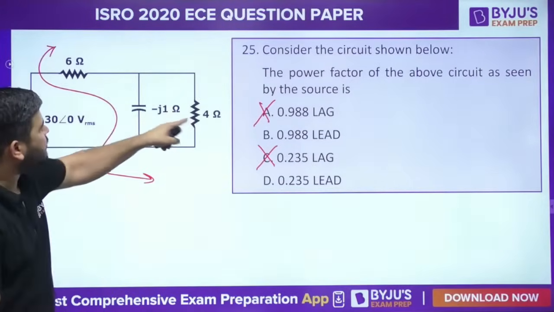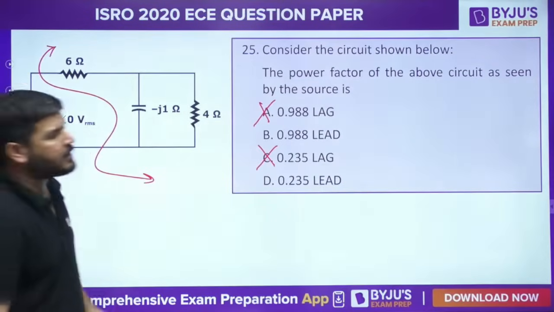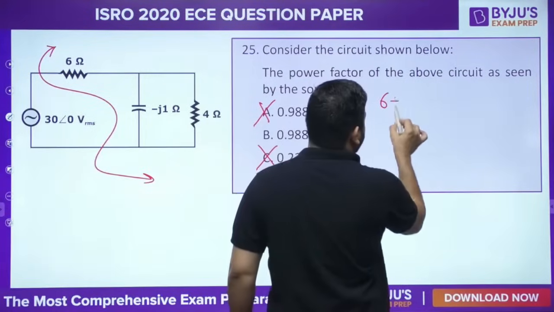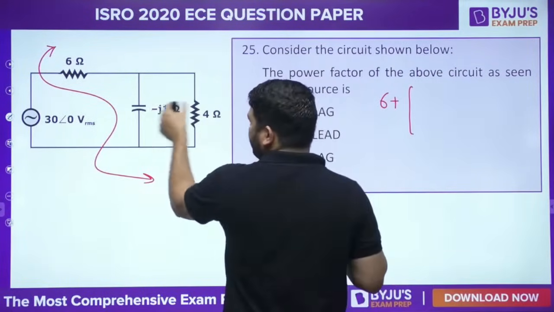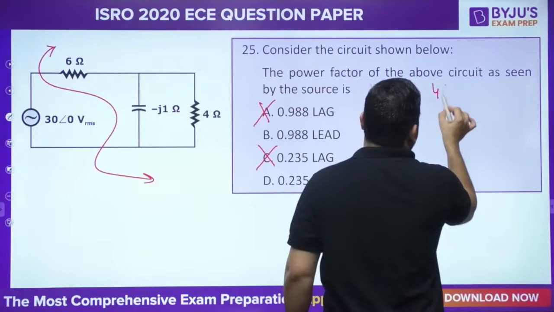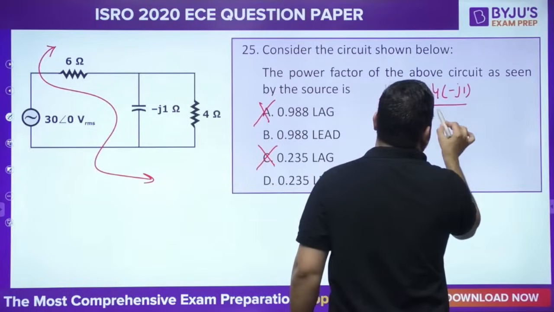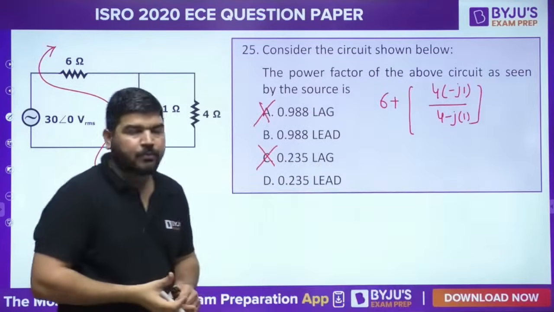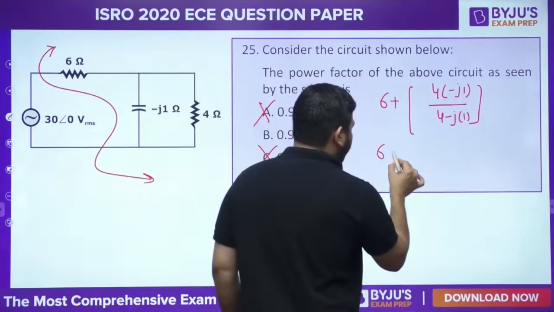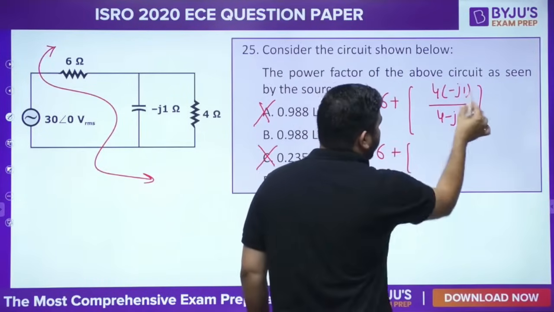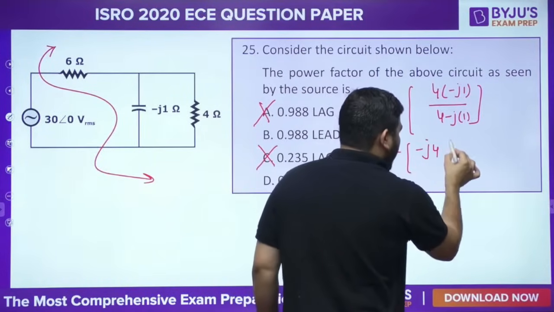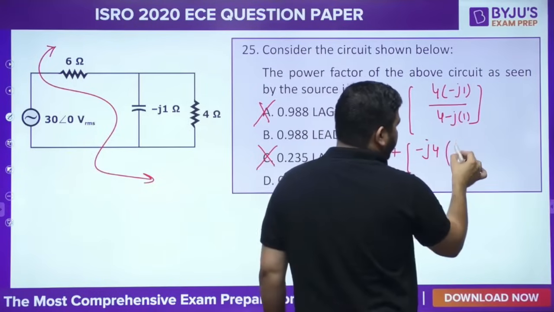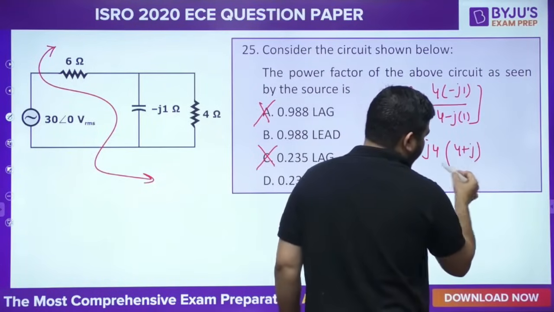How to calculate impedance? These two are in parallel and this is in series. So what I can do is 6 plus the parallel equivalent of these two values. So parallel equivalent is 4 minus j1 divided by 4 minus j1. Now further simplify it. So it will become 4 plus, in the numerator you will have minus j4, multiplied by 4 plus j and divided by 4 plus j.